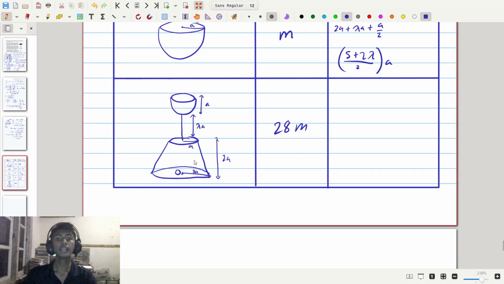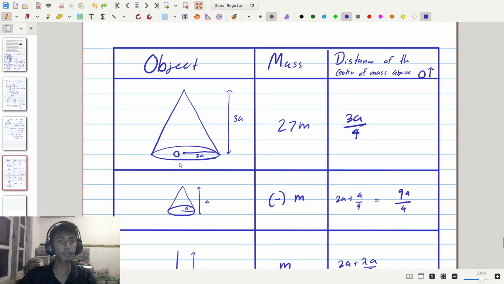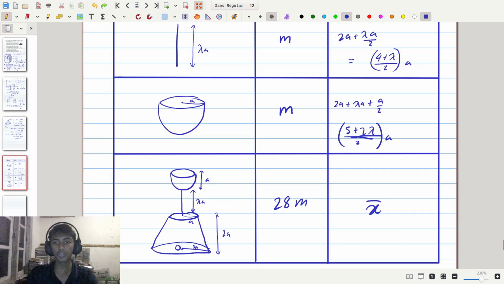Now finally, considering the masses and the centers of mass, we're going to call the overall center of mass x bar, which we can use as 28 times x bar in our final answer, and then rearrange to eventually get x bar equals something. So we can find x bar by saying that this mass times this distance, plus this mass times this distance, plus the next mass times the next distance, and so on, is equal to the total mass times the total distance.